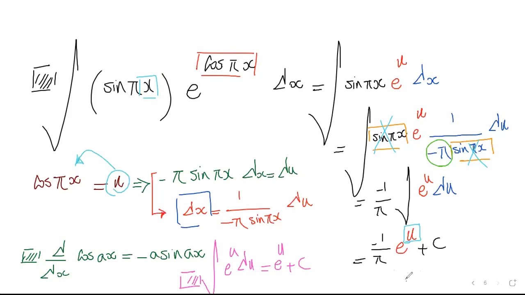Then it becomes minus 1 over pi e to the power cosine pi x plus c. Isn't that beautiful? See, the substitution makes life very easy, provided that you have access to the chart of integration, so that as soon as you resubstitute, you identify something similar on that table.